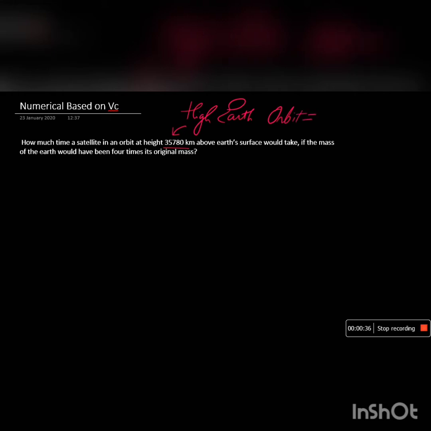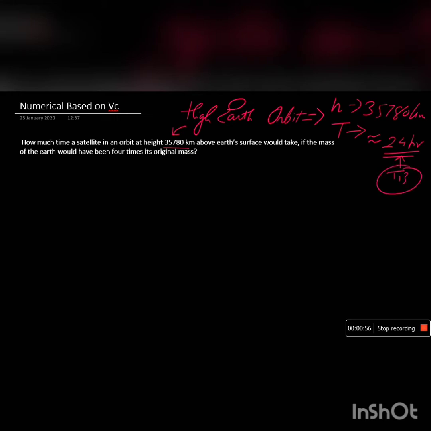And we know something about this height. When the height is 35780 kilometer, then the time period was approximately 24 hours. Remember, this is in your textbook, right? So this is an important information.